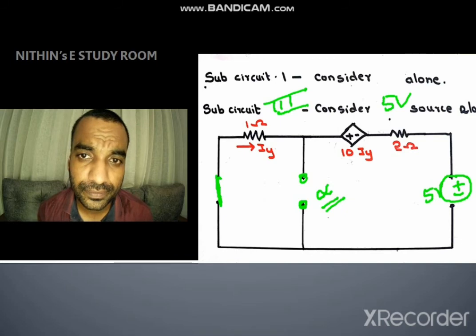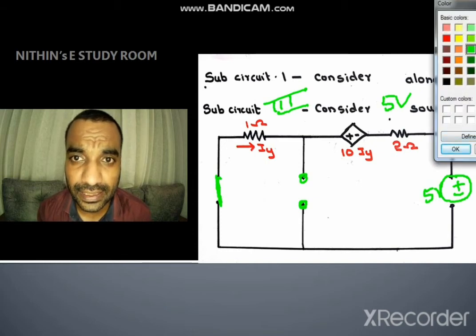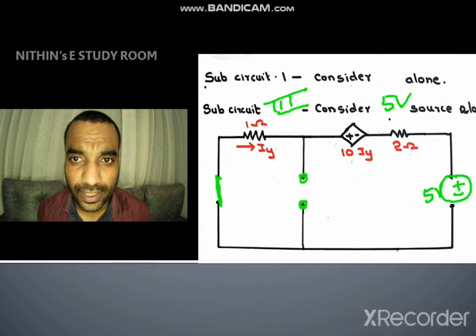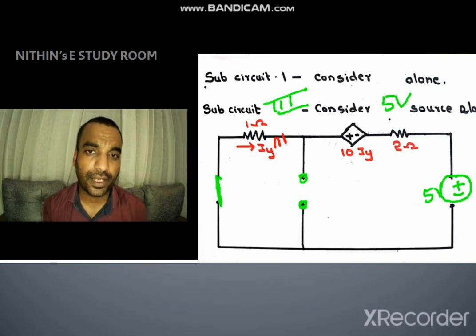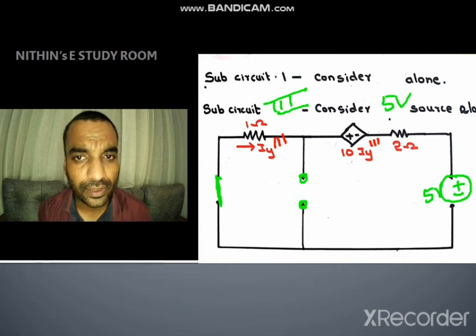Okay, so you have done the basic thing, and now one more thing: as it is a third case, you have to rename Iy as Iy triple dash. Okay, this is also applicable here, Iy triple dash.